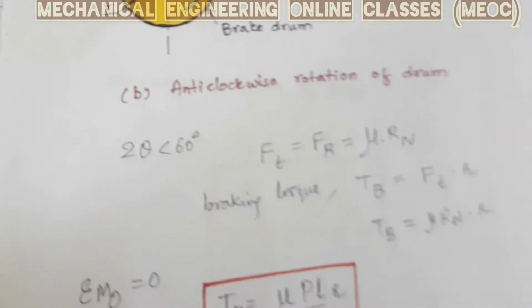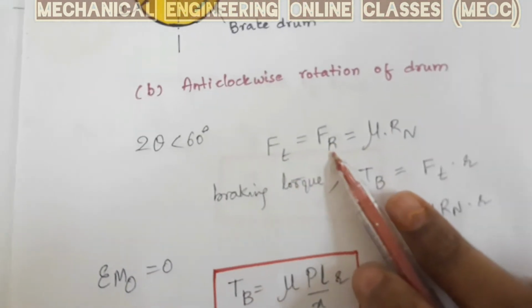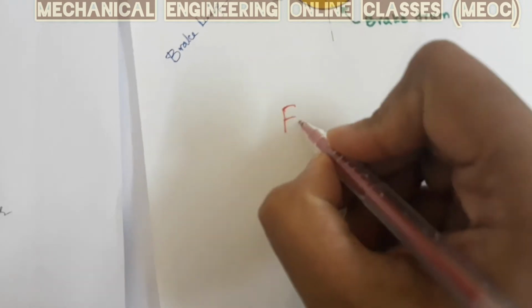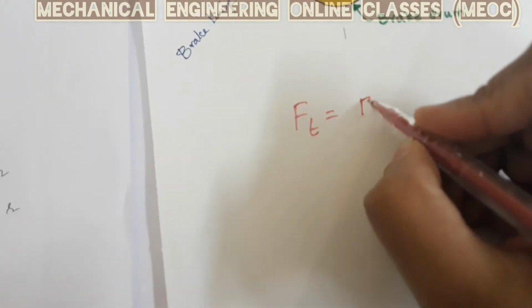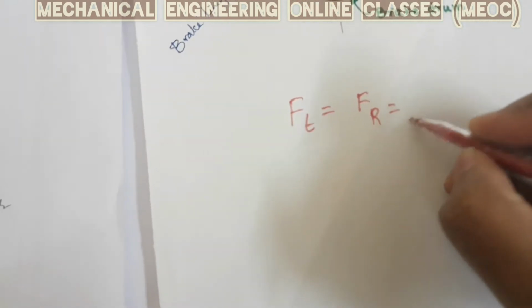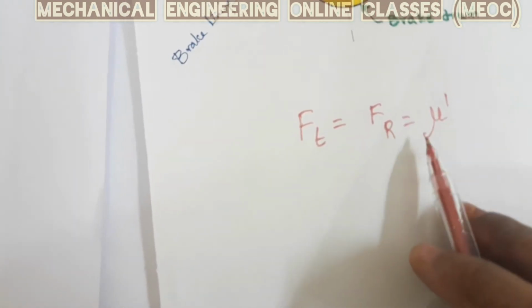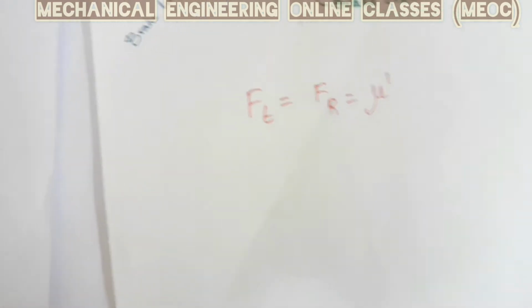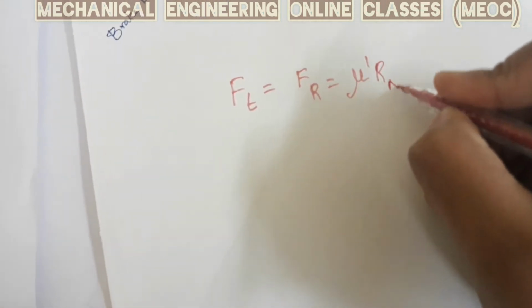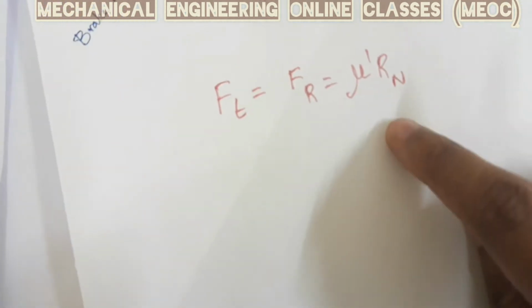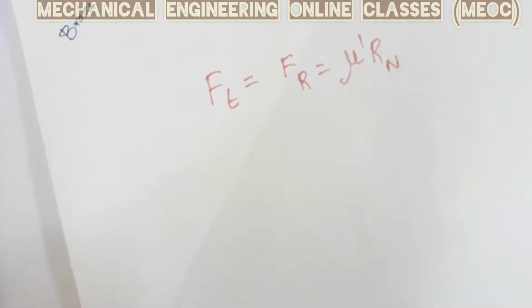For a simple shoe system, our Ft is nothing but Fr, which is mu into Rn. So for a pivoted shoe brake, we will have Ft as Fr, but here we will be considering the coefficient of friction, which is mu dash. This is called the equivalent coefficient of friction, mu dash into Rn. In place of mu Rn for simple shoe, we will be taking mu dash Rn for a pivoted shoe.